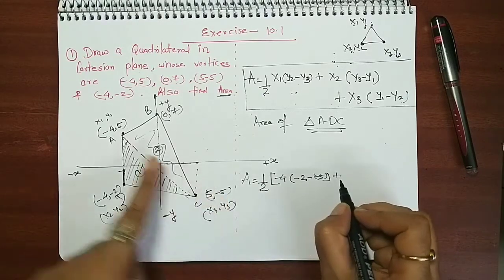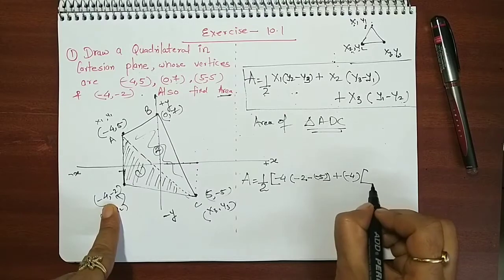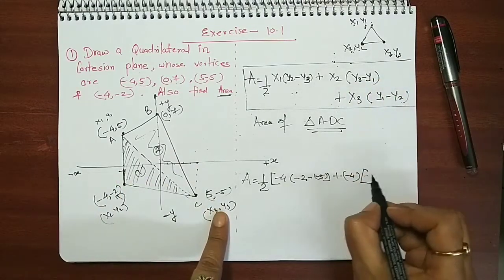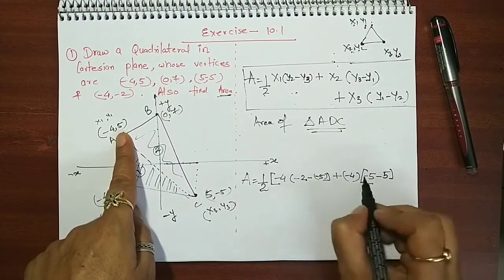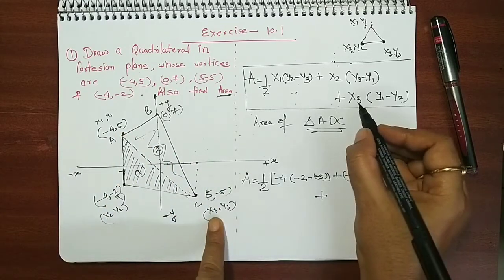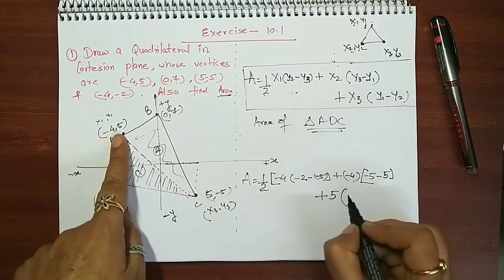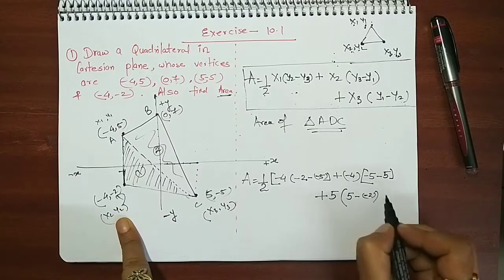Then plus x2, which is minus 4, into y3 minus y1, so y3 is minus 5 minus y1 is minus 5. Then plus x3, which is 5, into y1 minus y2; y1 is 5 minus y2 is minus of minus 2.